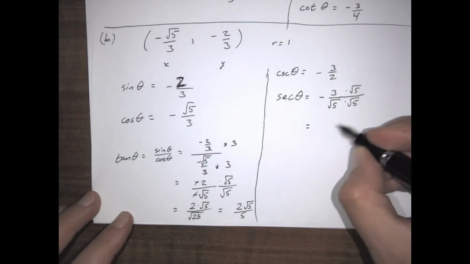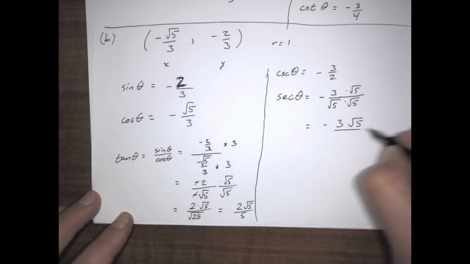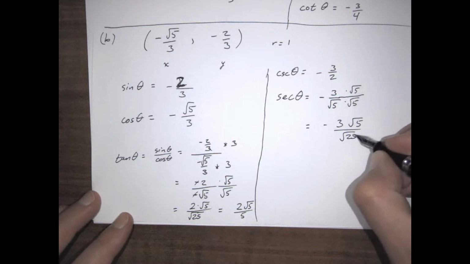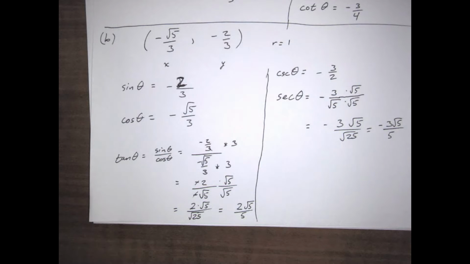And then what's that going to leave us with? Negative 3 root 5 over root 25. In other words, negative 3 root 5 over 5. So this time it's the 2's that disappeared, not the 3's. Interesting, but whatever.